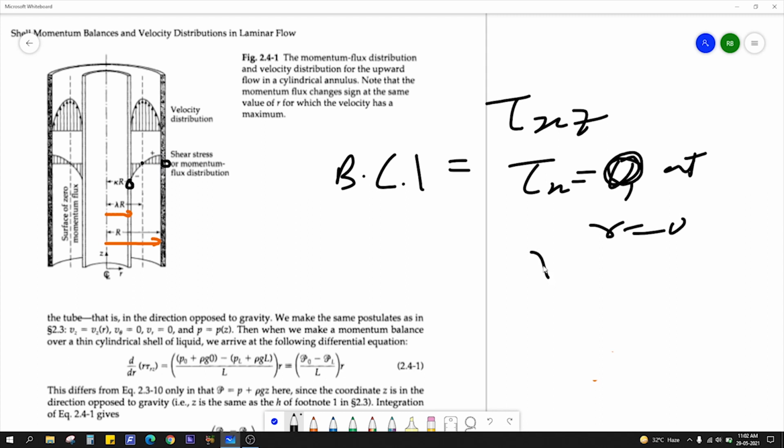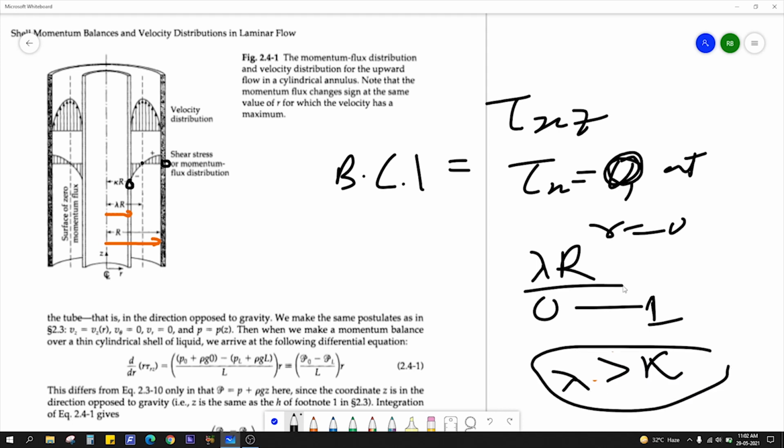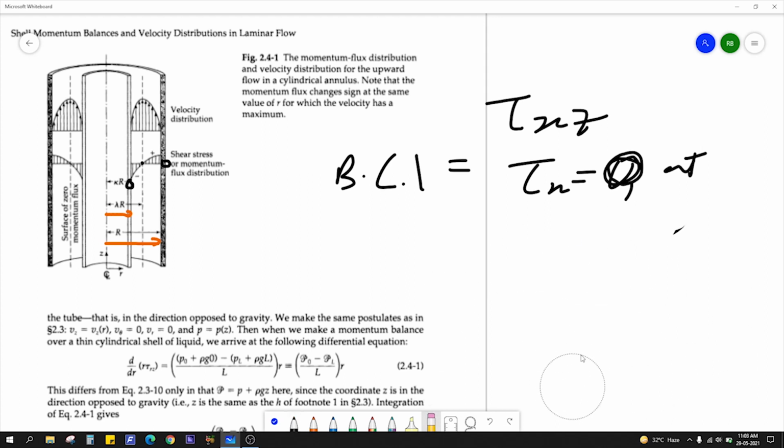So I will say at some value lambda R, where lambda is again a fraction between 0 and 1, and definitely lambda is greater than kappa, the shear stress will be 0. Shear stress is only maximum at the walls. So this is your boundary condition 1.